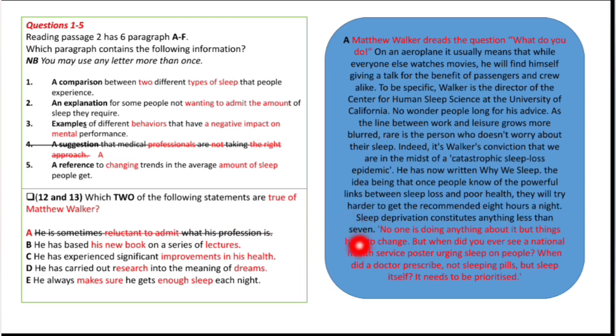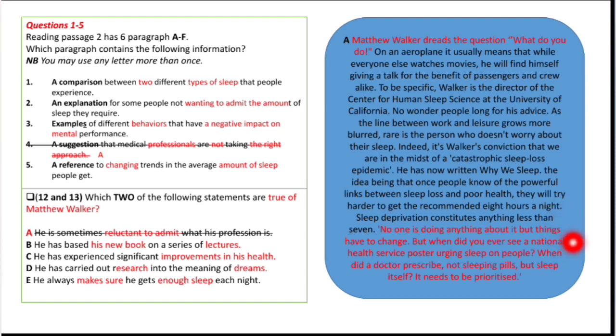And in this part, we've got another piece of information. No one is doing anything about it, but things have to change. But when did you ever see a National Health Service poster urging sleep on people? When did a doctor prescribe not sleeping pills, but sleep itself? It needs to be prioritized, right?